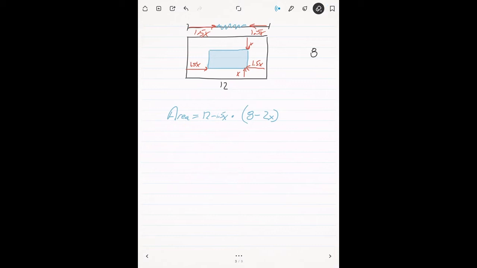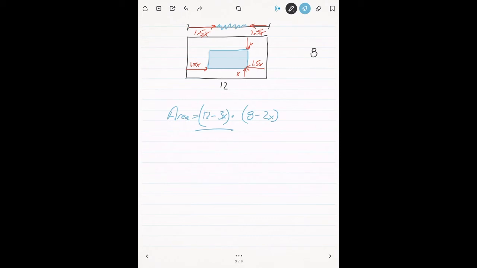So negative 1.5x and negative 1.5x, that's just 3x. And there you go. That's the length. 12 minus 1.5x minus another 1.5x. That's the same as 12 minus 3x. So here's your length. And then the width would be 8 minus the 2x's.